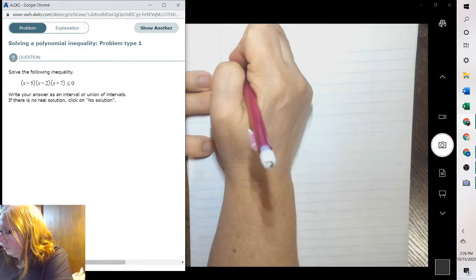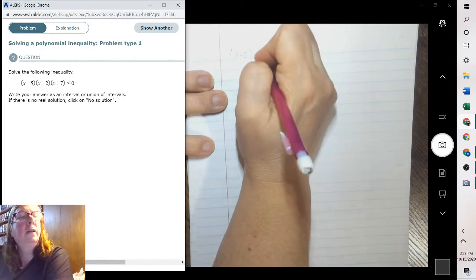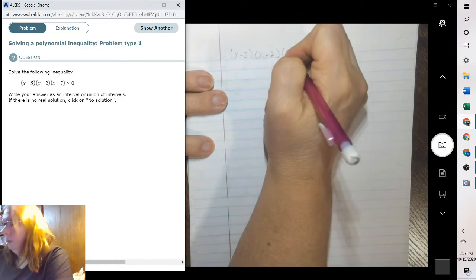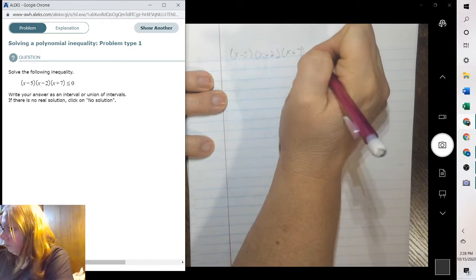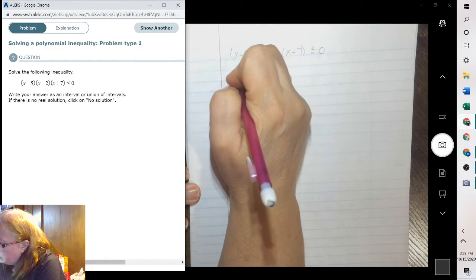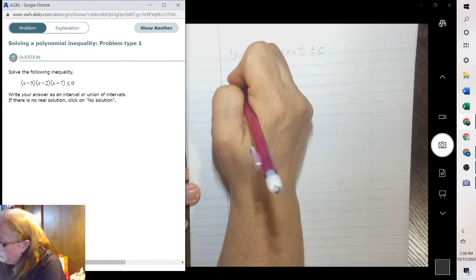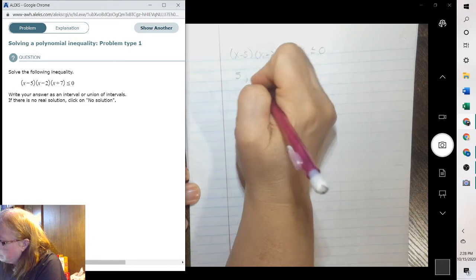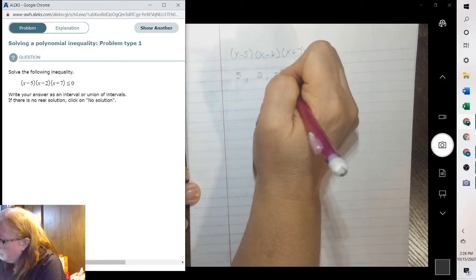So, x minus 5, x minus 2, and x plus 7. Setting them each equal to 0, we get 5, 2, and negative 7.